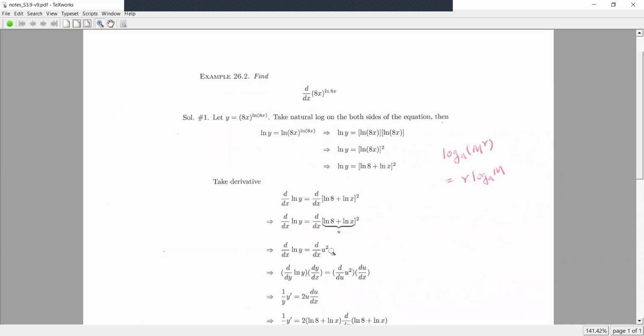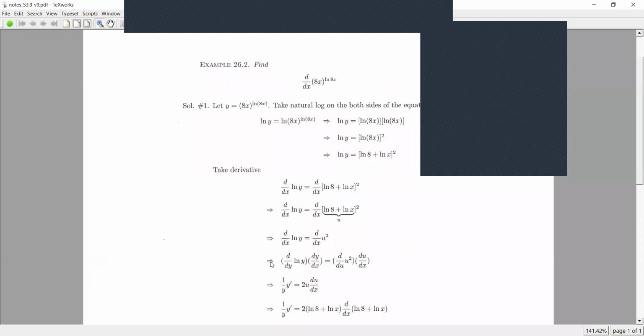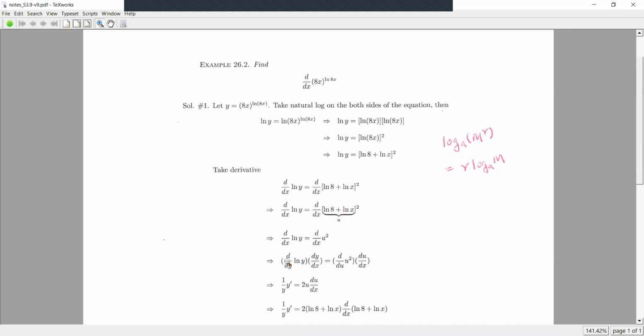Apply the chain rule to this derivative and to this derivative. Then I get this equation. Derivative of natural log of y with respect to y is 1 over y. Derivative of y with respect to x is y prime.